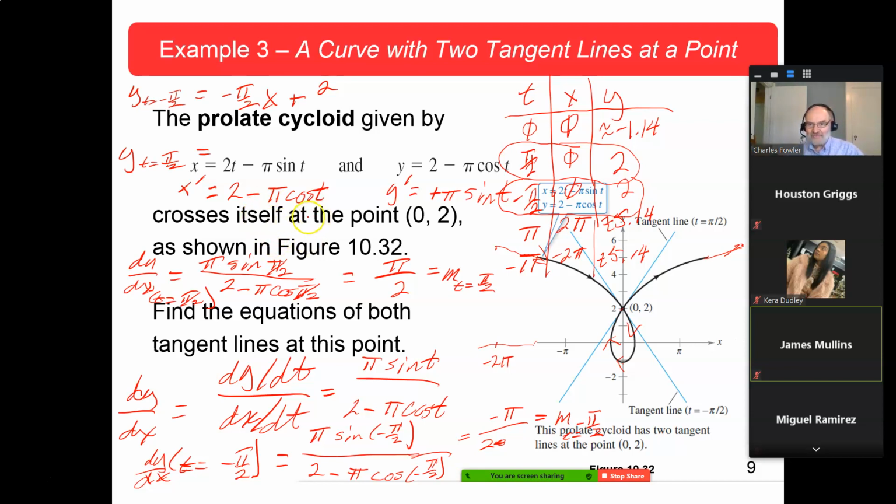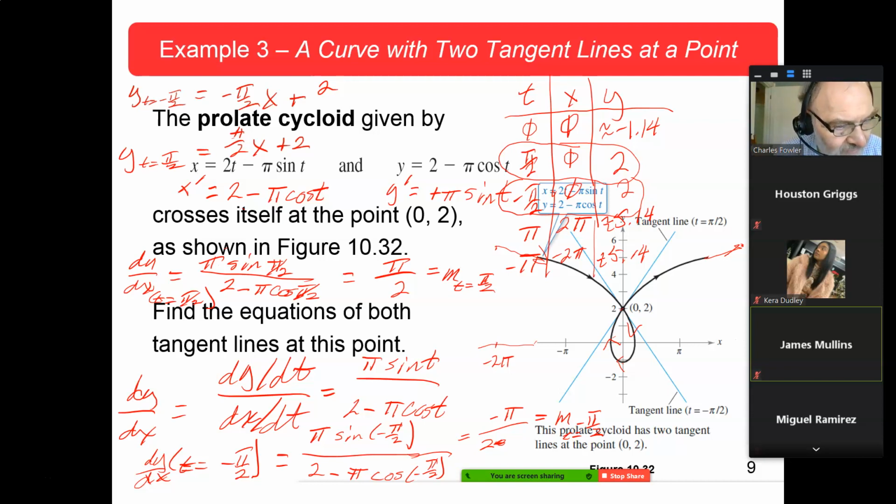It's almost confusing. And this is going to be, where is my pen? There you are. Okay, pi halves x plus 2. Same intercept.